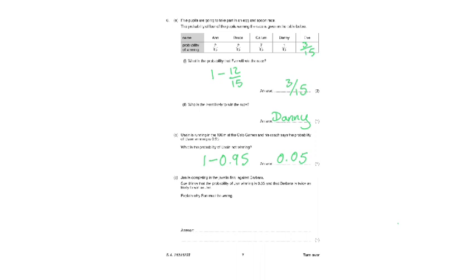Jan is competing in the javelin against Barbara. Sue thinks the probability of Jan winning is 0.35 and Barbara is twice as likely to win as Jan. So Barbara equals 0.35 times 2, which is 0.7.